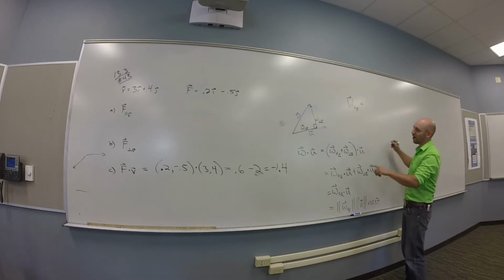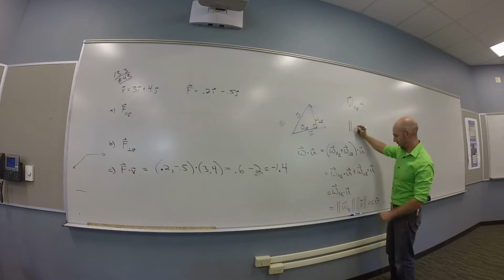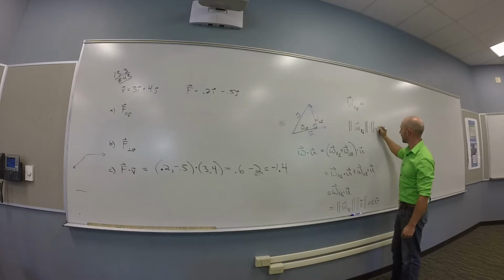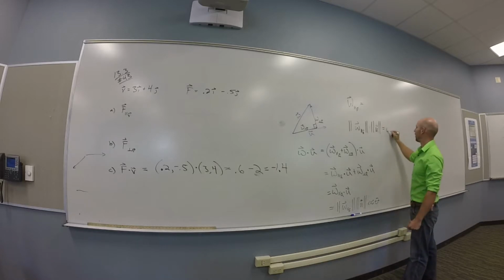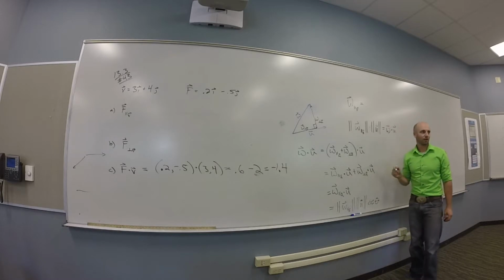Okay, so here's what I know. I know that the magnitude of W parallel to U times the magnitude of U is equal to W dotted with U, right?